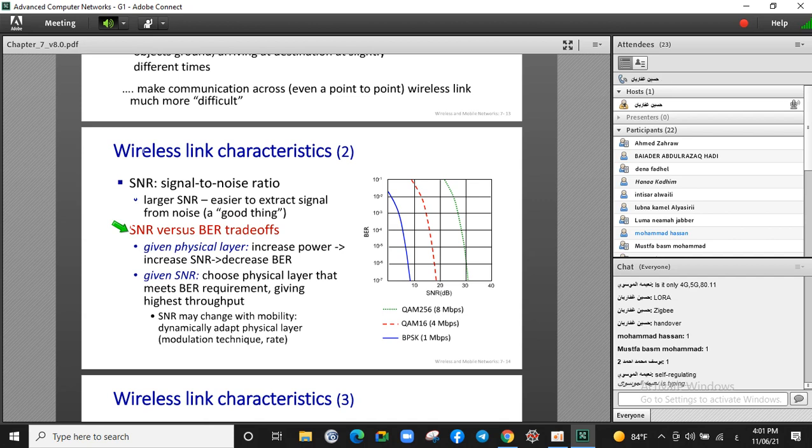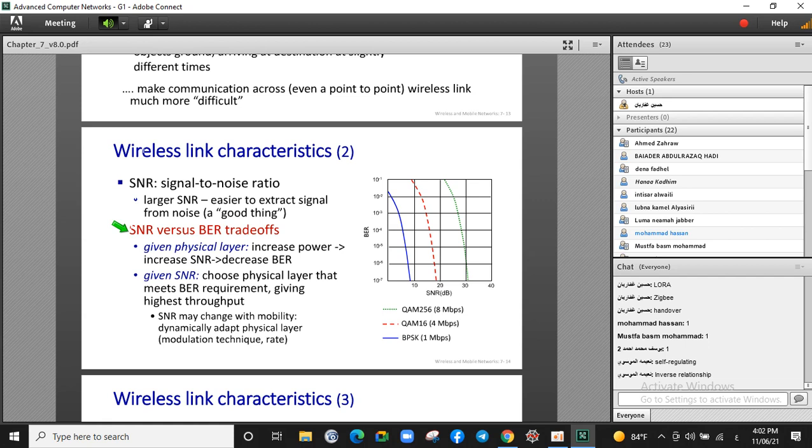When we talk about bit error rate, it means how much of my information is received correctly at the destination. A larger bit error rate means that I lost most of my information, so it's not a good parameter.